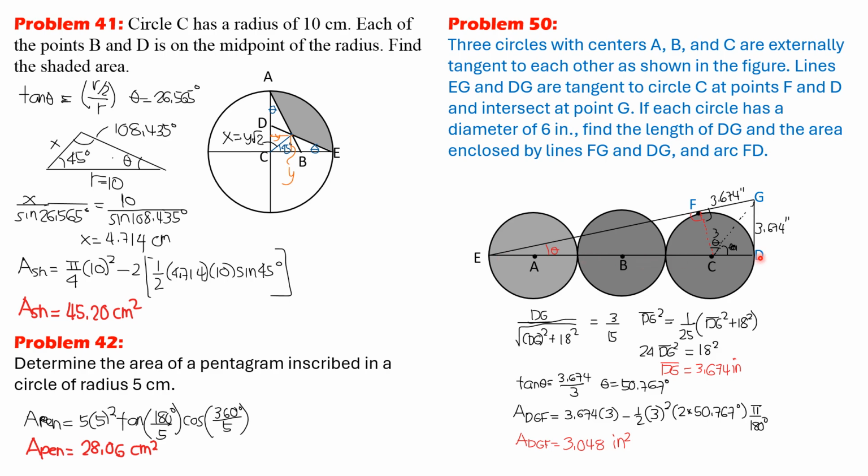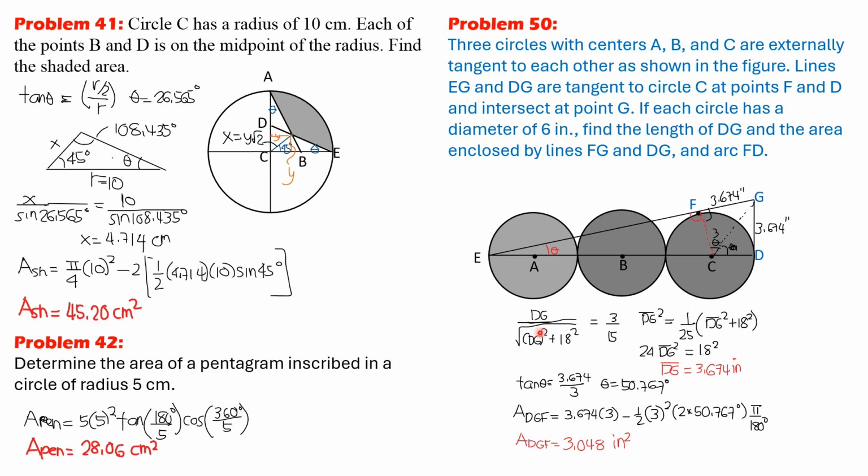In this right triangle, 90 degrees there at the point of tangency, opposite is the radius of this circle, which is 3, as to hypotenuse, which is the distance from E to C, 6 plus 6, 12 plus 3, 15.